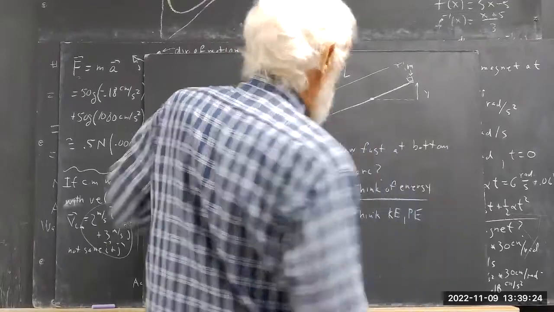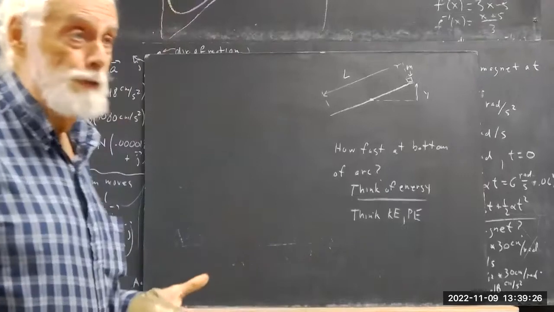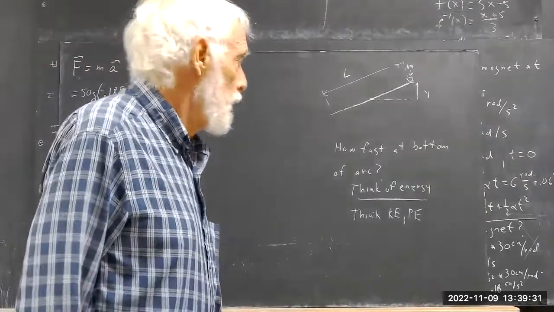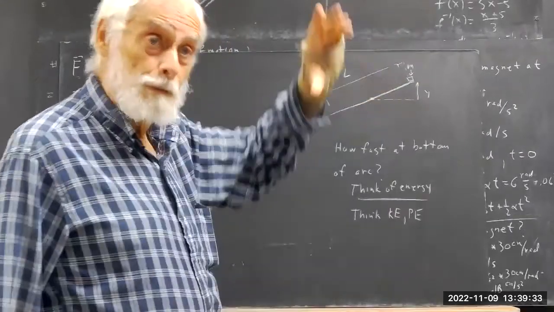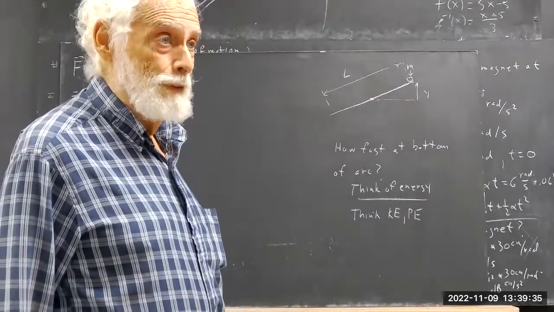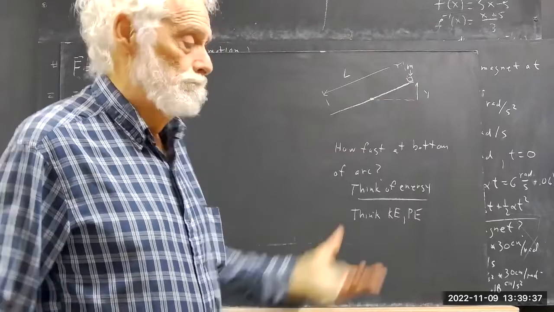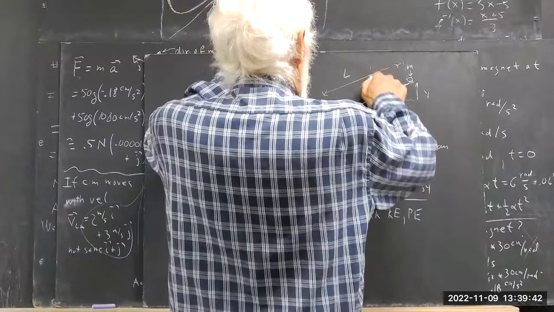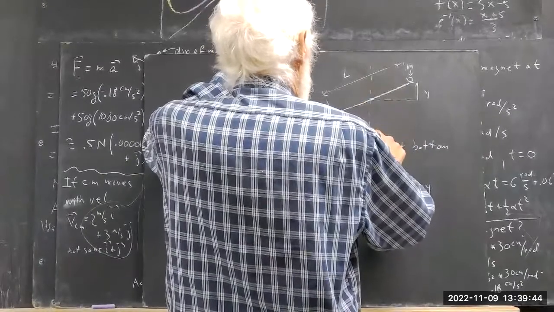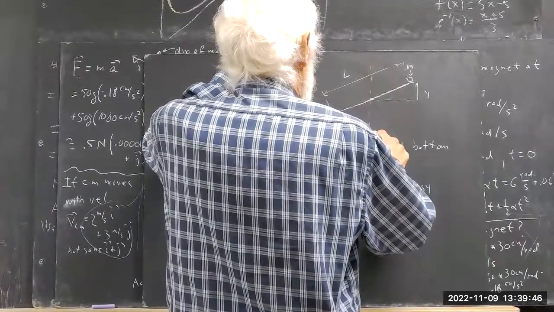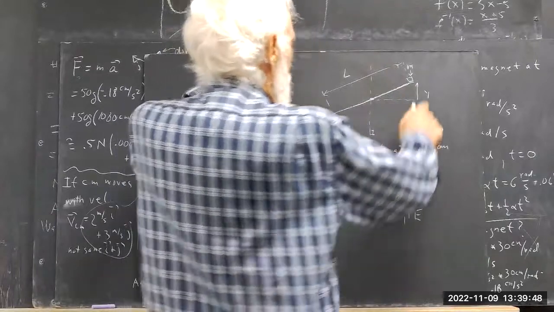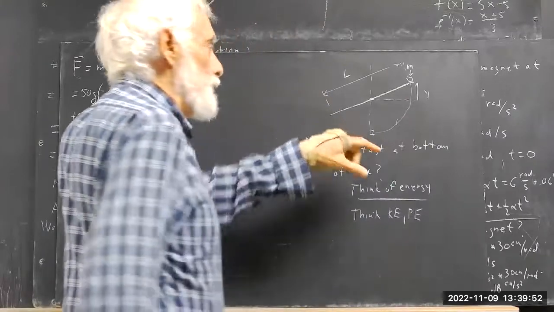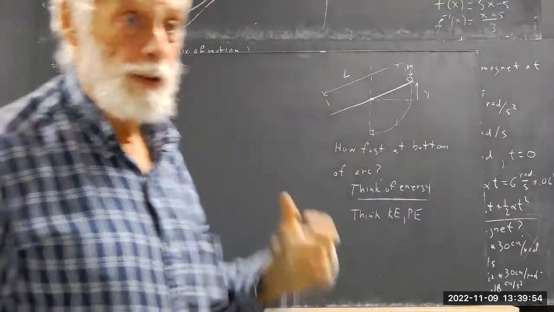And at that point, people pretty much told me what's going on. Then I say, okay, you've got no kinetic energy here, that's right, because you're releasing it from rest. So it's all potential. Good. Now when you get down here, you want to say it's all kinetic.